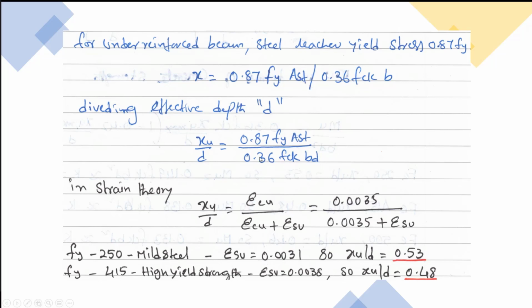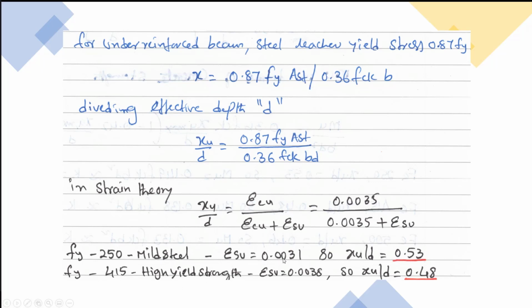So in strain theory, Xu by d equals epsilon cu by epsilon cu plus epsilon sv, where epsilon cu is 0.0035, which is the concrete strain, whereas the steel strain depends upon the material we use. Is it mild steel or high tensile steel?